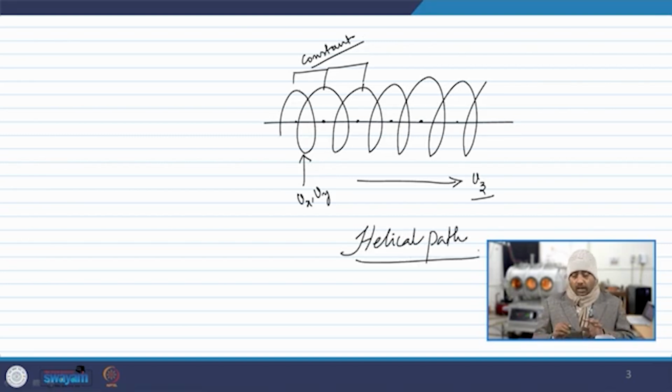And now, if it is moving in a helical path, the pitch will remain a constant as long as Vz is a constant, right. But we have seen in the case of an electric field, if there is an electric field acting on it, F is equal to E, the electric field's magnitude, times the charge, right. So we have seen that the velocity will increase linearly.